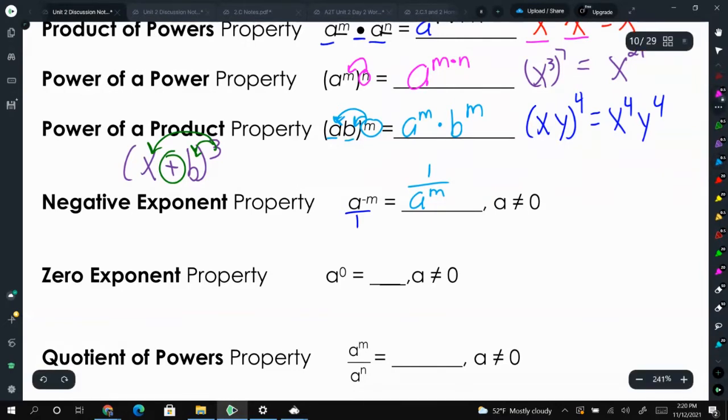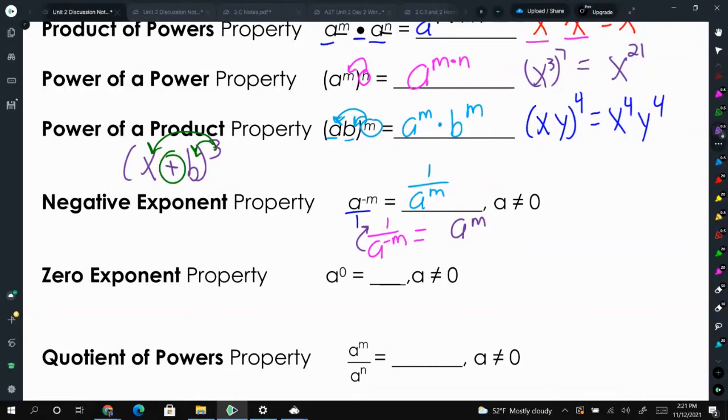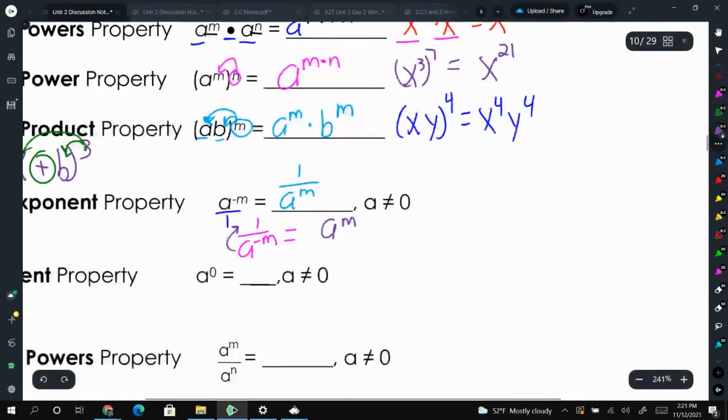Well, what if we already had a negative exponent in the denominator? What if I had 1 over a to the negative m? Well, again, you're going to move this term to the numerator, and it's going to become a to the positive m power. So whenever you have a negative exponent, you want to move it to the other side of the fraction to get a positive exponent.